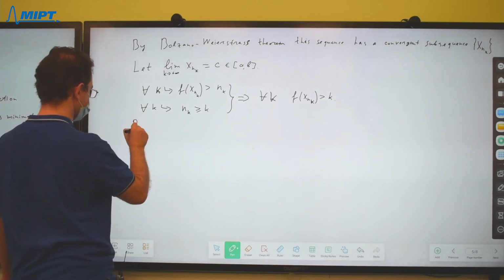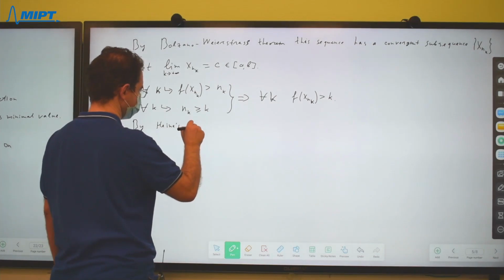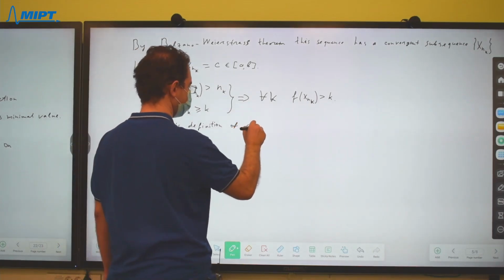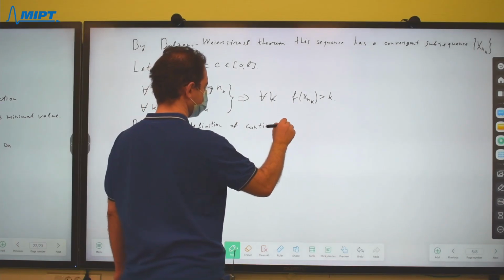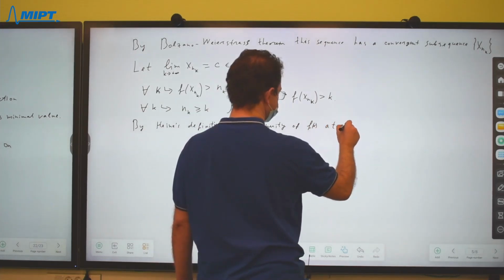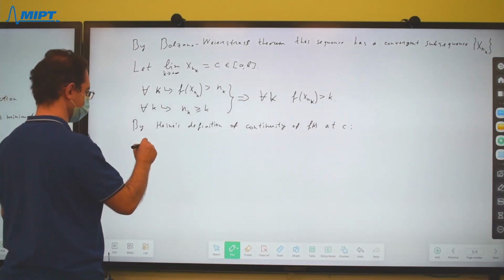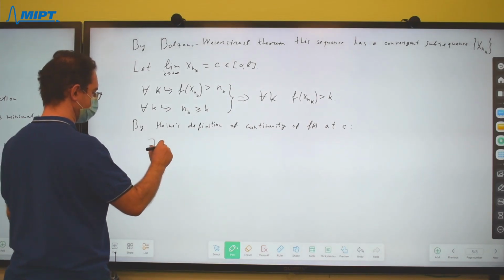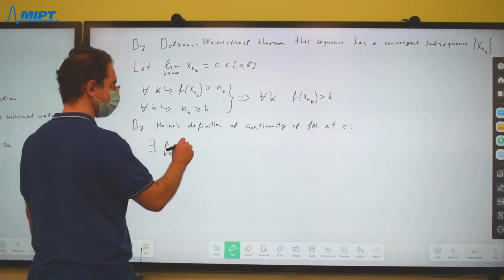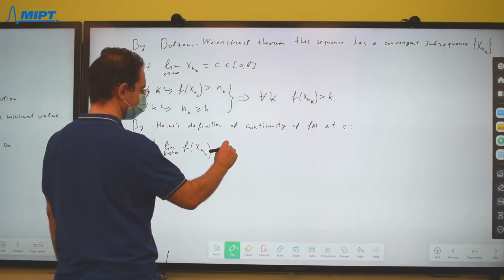Hence, by Keynes' definition of continuity of my function f at point c, we have that there should be a limit as k tends to infinity of f of x_k, and this limit should be f of c.